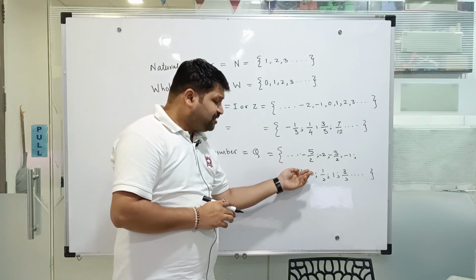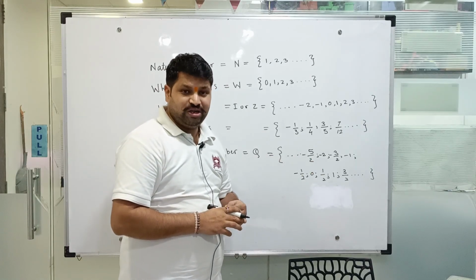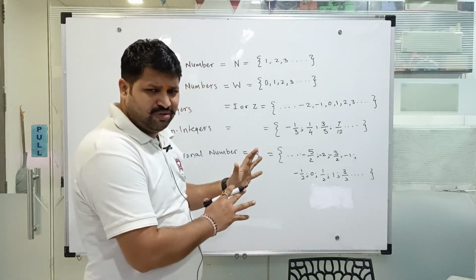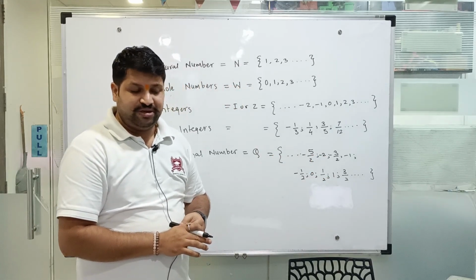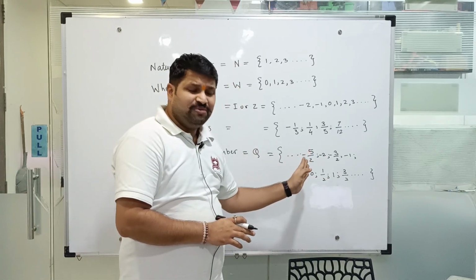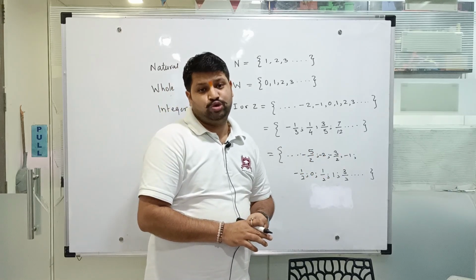I'm trying to keep it as simple as possible. I have kept 2 as my denominator in all the cases so that we have one particular denominator and can write it nicely. However, the numbers between these numbers would also be included, and everything in between would still be in the set of rational numbers.